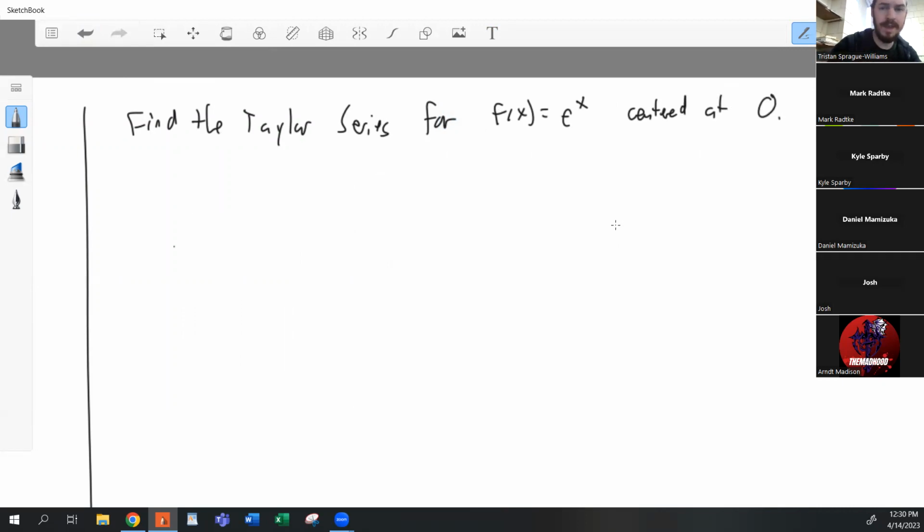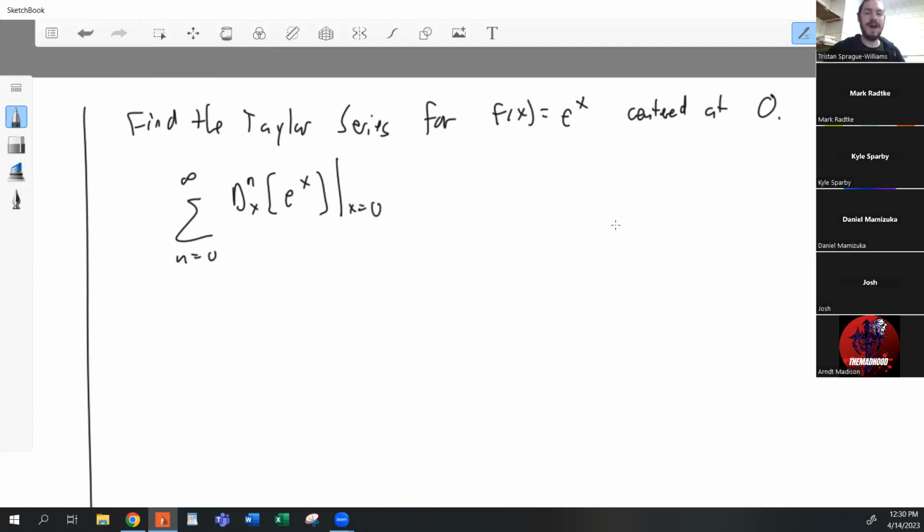Well, this is going to say we're going to do the sum n equals 0 to infinity. We're going to take the nth derivative of e to the x, but then evaluate that at 0.